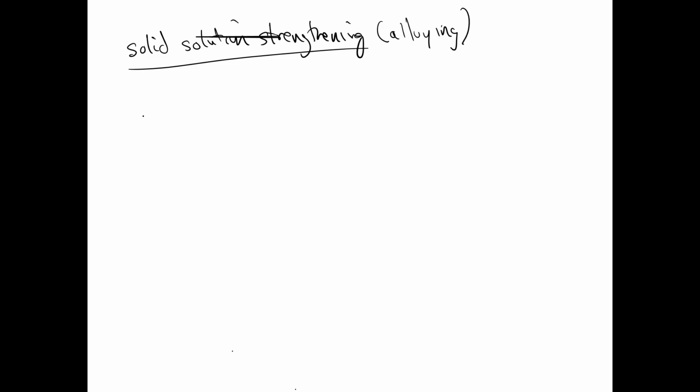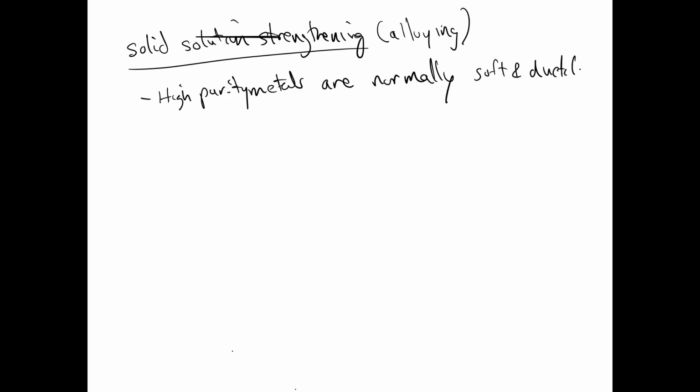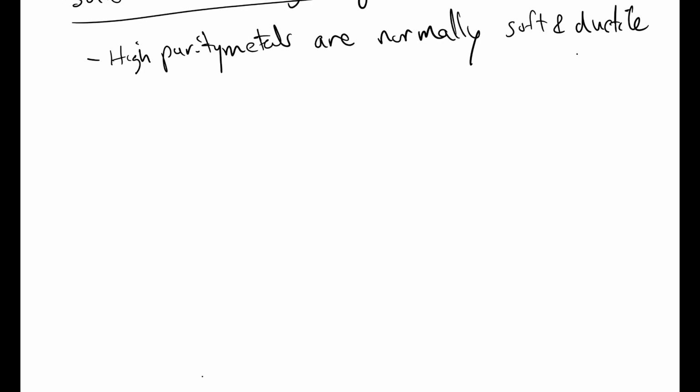Let's kind of draw a picture here. So let's make a few comments. First comment we're going to make is high purity metals are normally very soft and ductile. I mean, think about pure copper or pure aluminum.